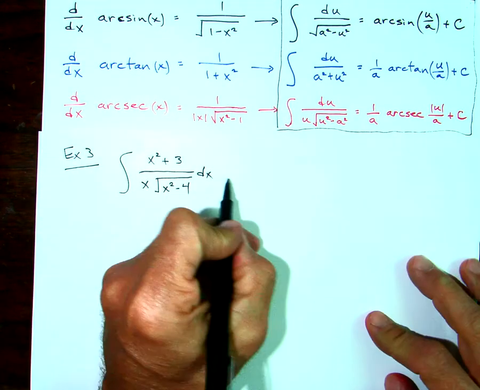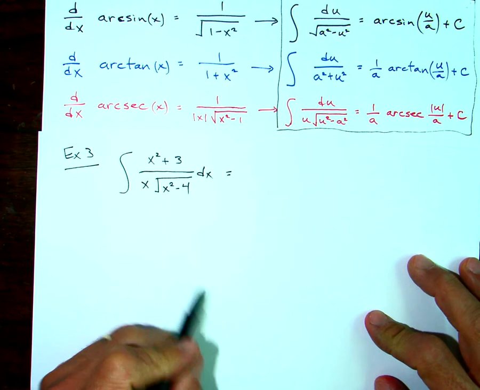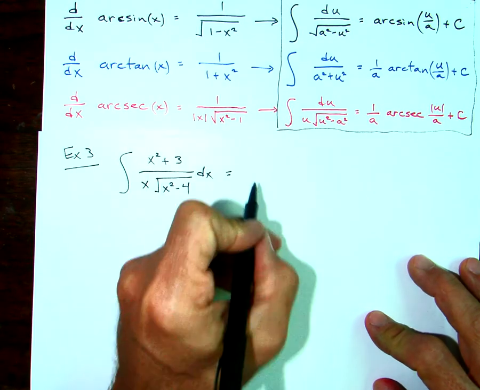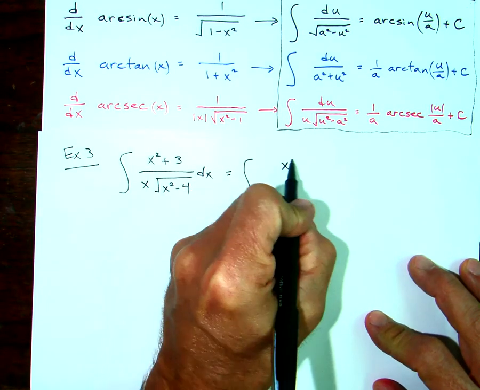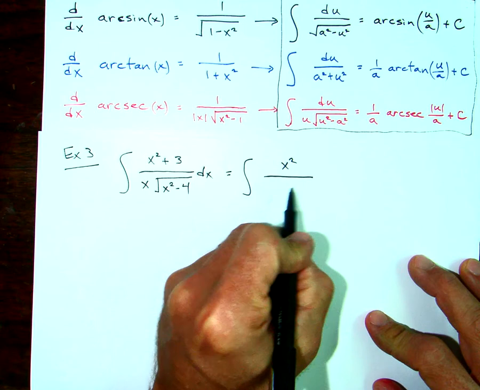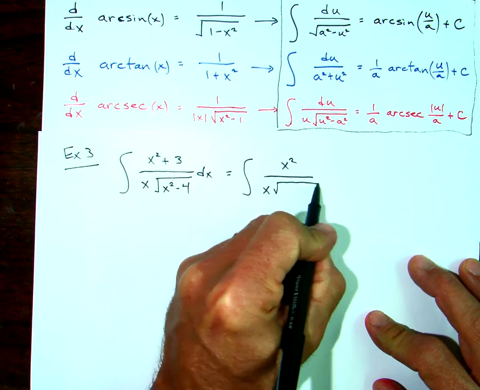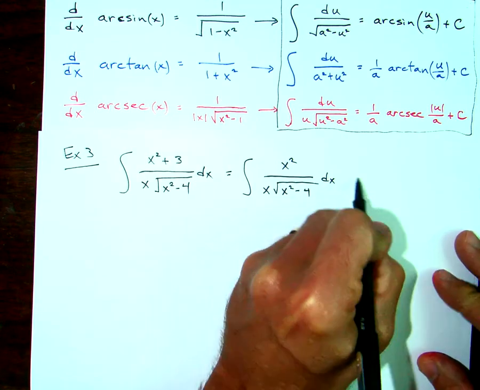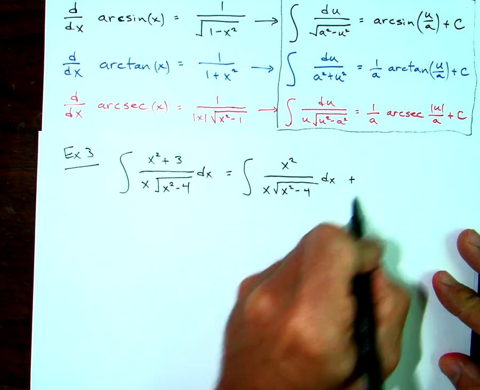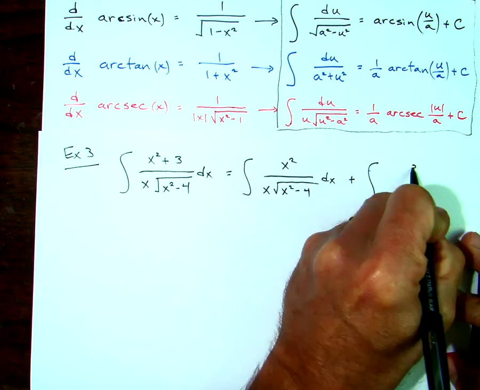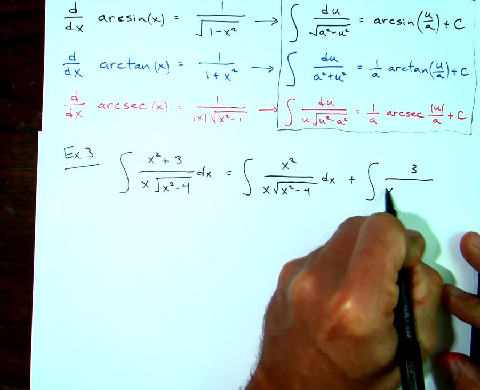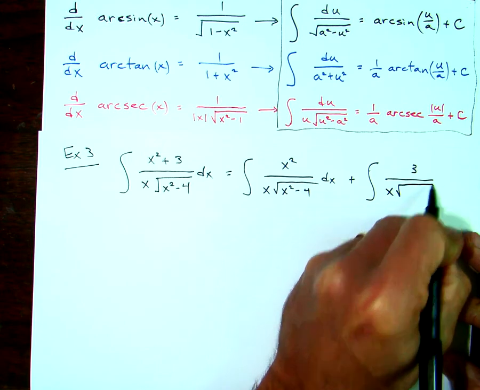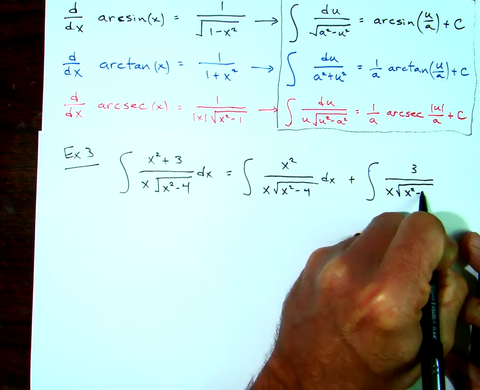So what I'm going to do is break this into two integrals. I'm going to rewrite it as the integral of x squared over x square root of x squared minus 4 dx, plus the integral of 3 over x square root of x squared minus 4 dx.